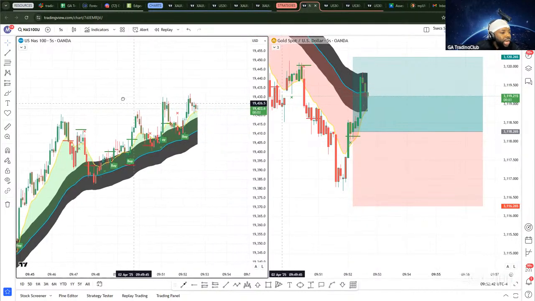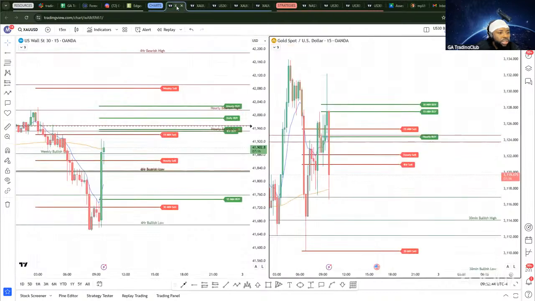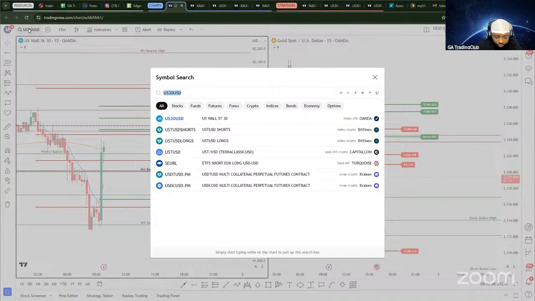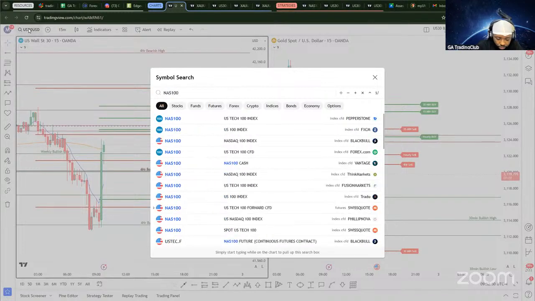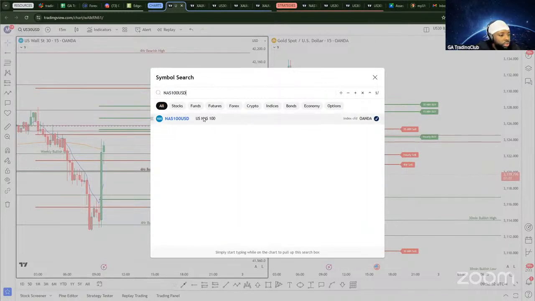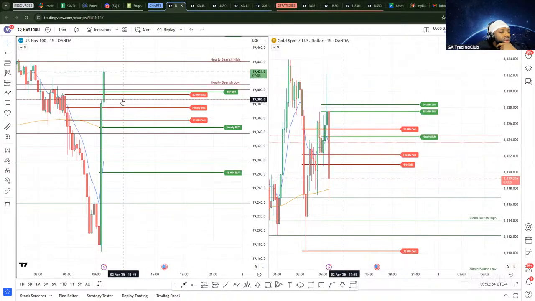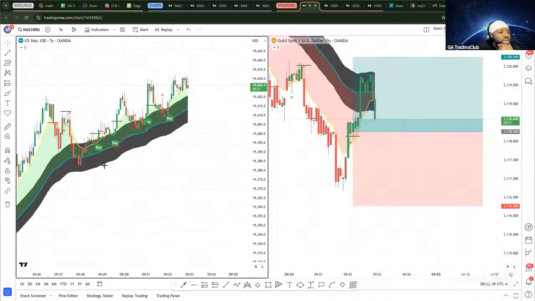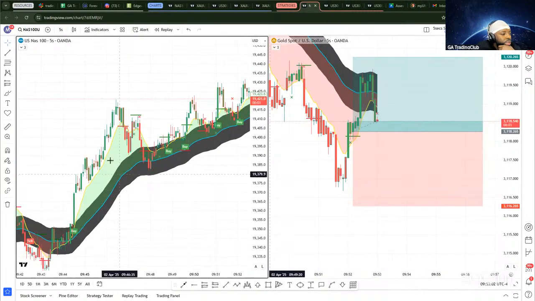For NASDAQ, because I'd seen the chart for NASDAQ, let's see. When price got to 19,398, what happened? 19,398 would go to 408.